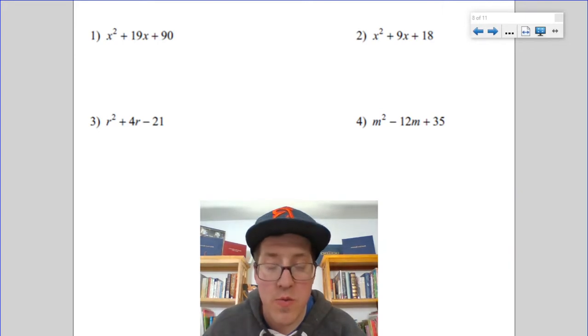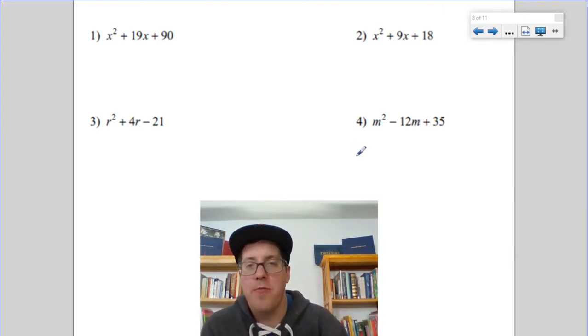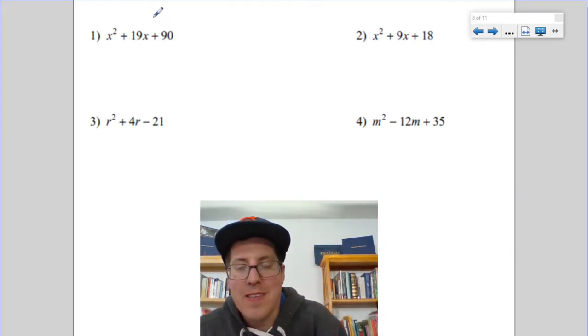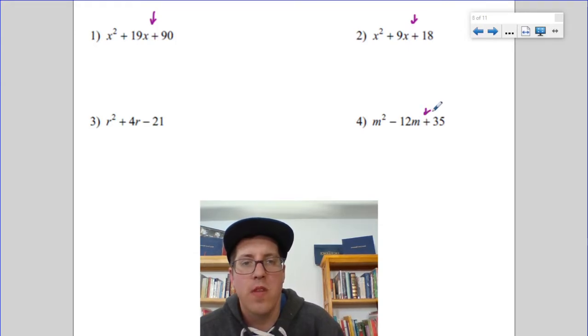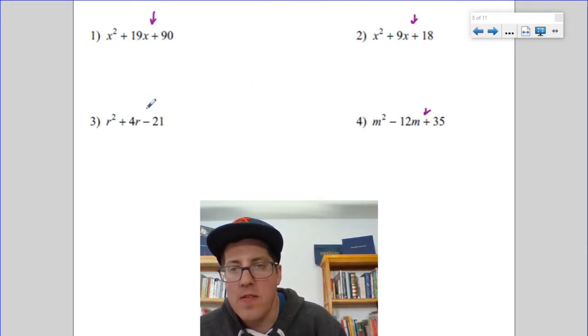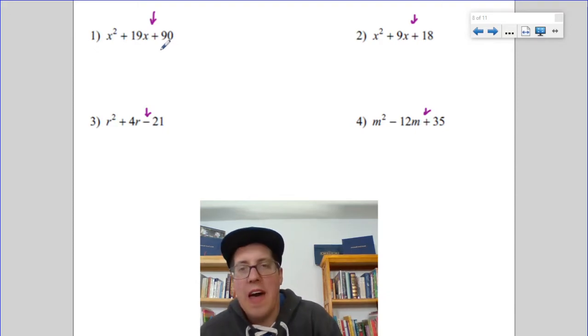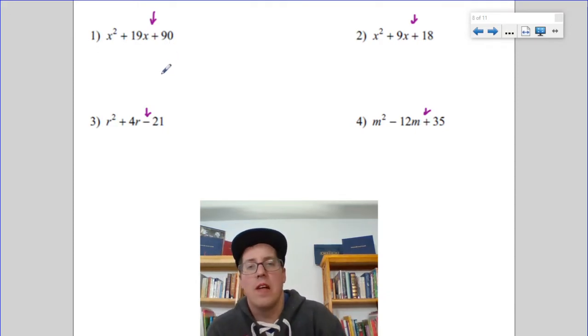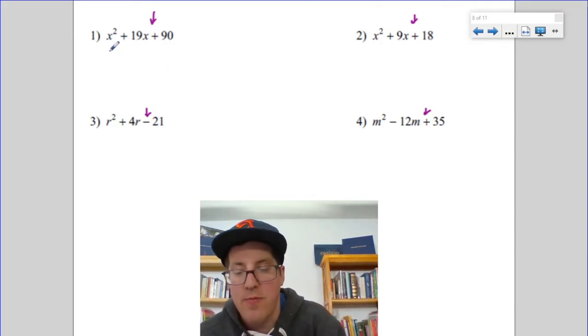When you start a factoring problem, the first thing you're going to look for is the sign on the constant term. You want to know if it's a plus or if it is a minus. If that sign is a plus, that means the lasts multiply to make a positive.